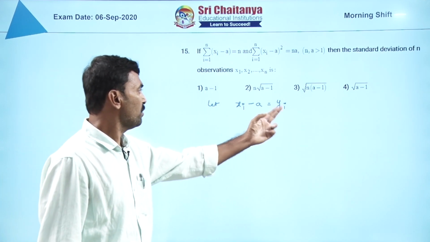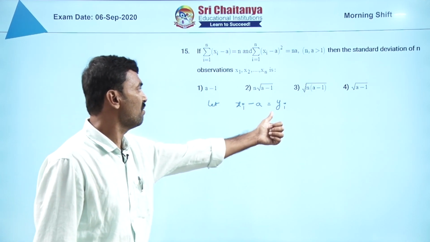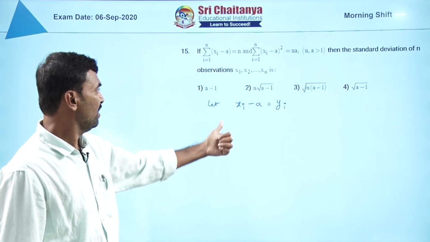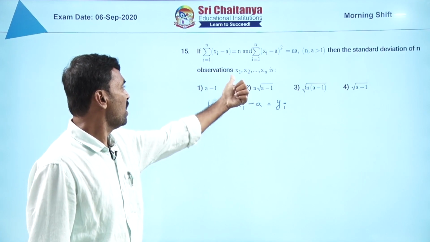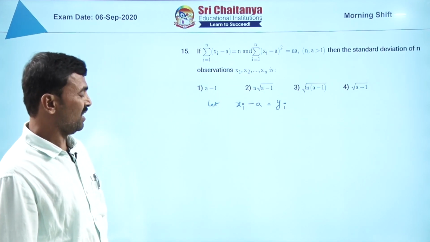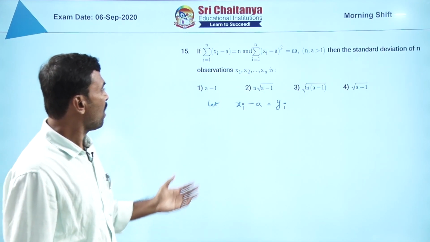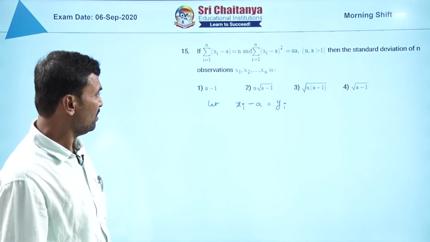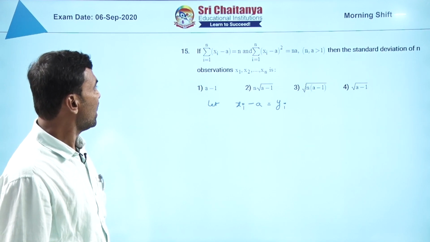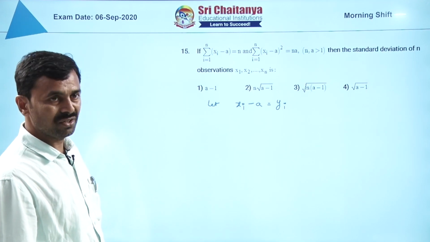Now, the yi's are observations. How am I getting the observations yi's? When I subtract a constant from the observations xi's. So, when a constant is added or subtracted to the observations, the standard deviation will not change.